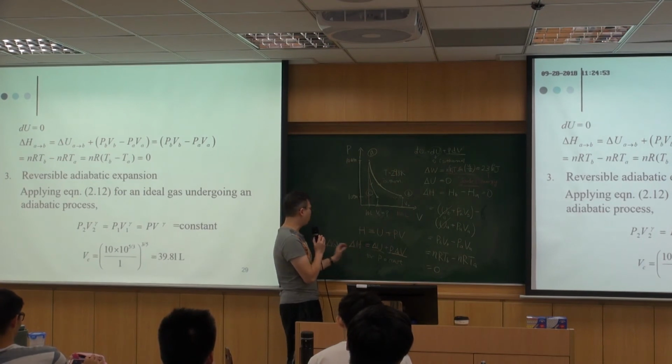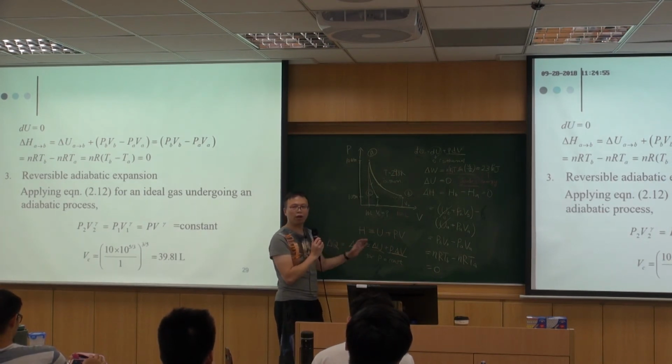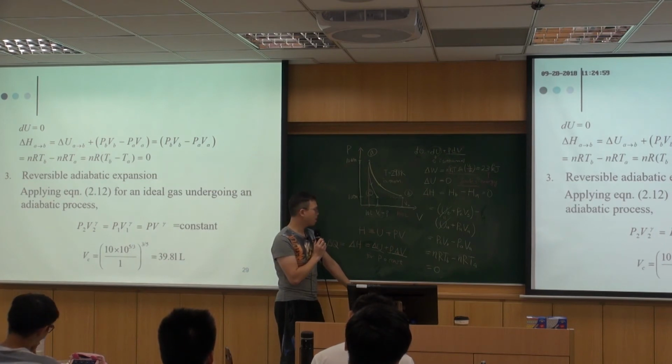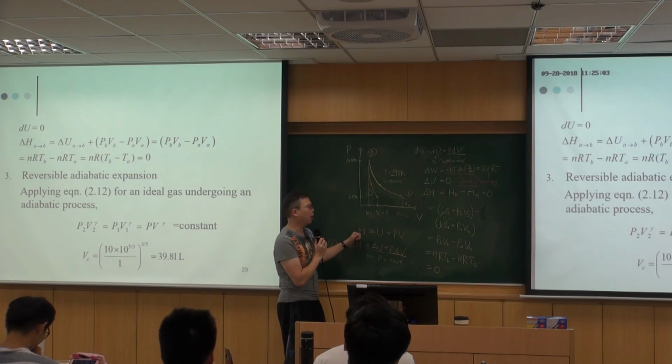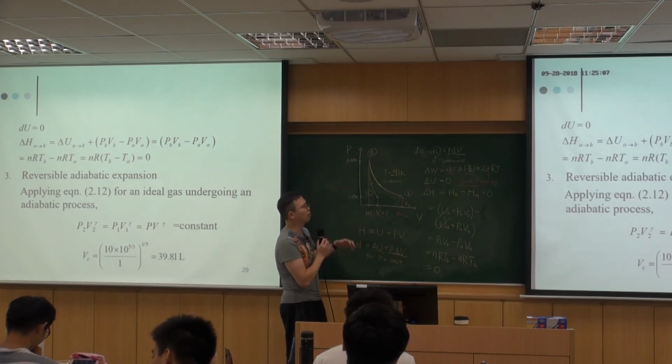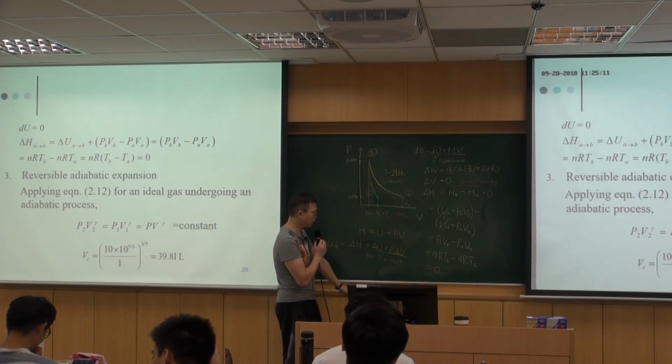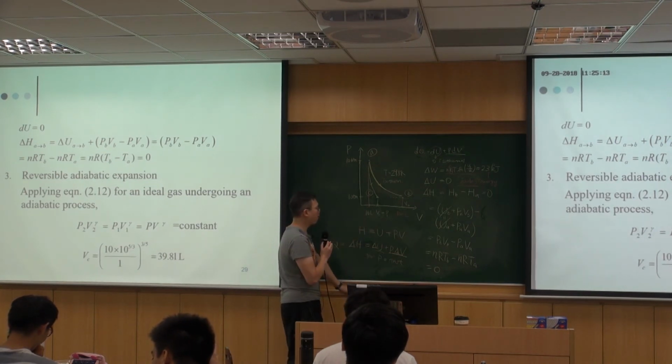That won't be delta Q if you are not dealing with a constant pressure process. But we can still calculate delta H. Does it mean anything? I don't know, but the problem asks us to calculate, so we did the calculation, and it turns out to be 0.